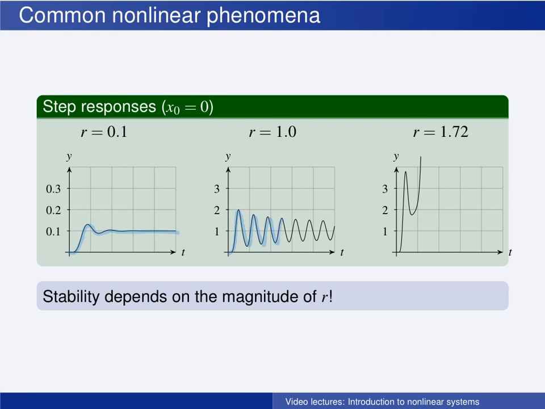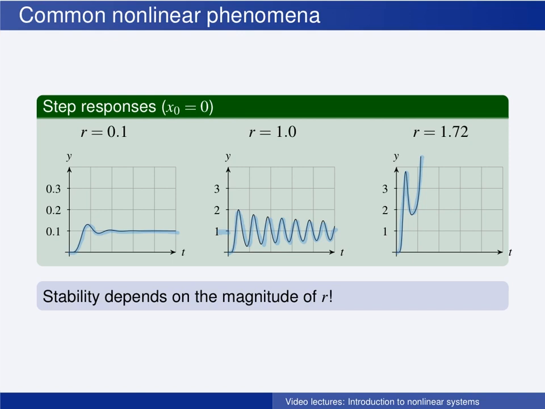It still seems to converge towards the reference value of 1, but this takes a long time and the system oscillates a lot, akin to a marginally stable system behavior. And when the reference is increased to 1.72, the system displays an unstable behavior in the sense that the output takes off towards infinity.